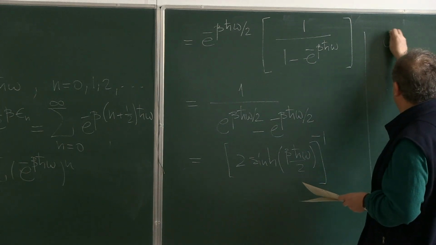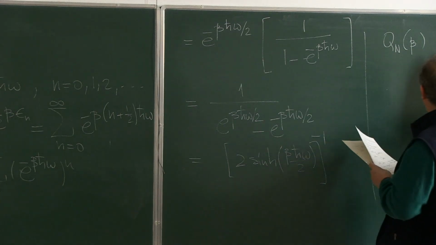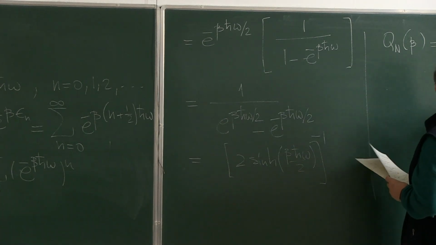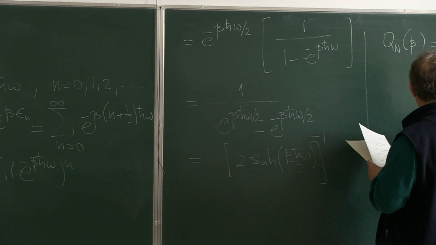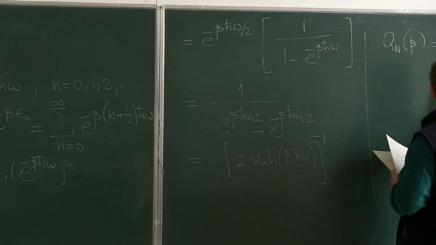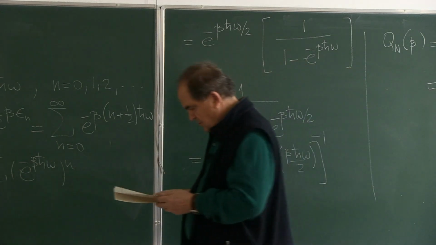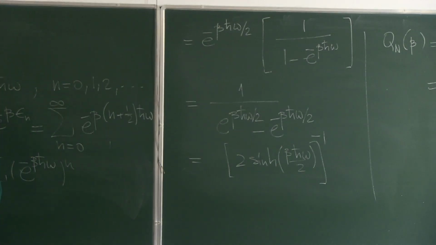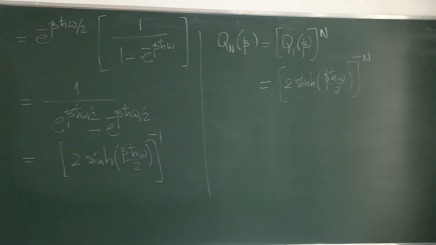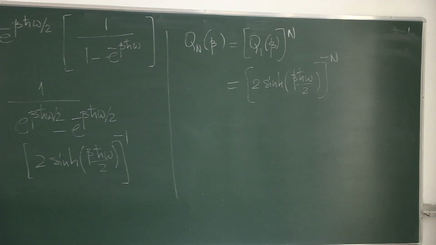The N oscillator partition function, just raise this to the power N, so Q_1(beta) to the power N, and that is 2 sinh of beta h bar omega over 2, to the power minus N. Now you can get the thermodynamics starting from Helmholtz free energy, because you know the total partition function.